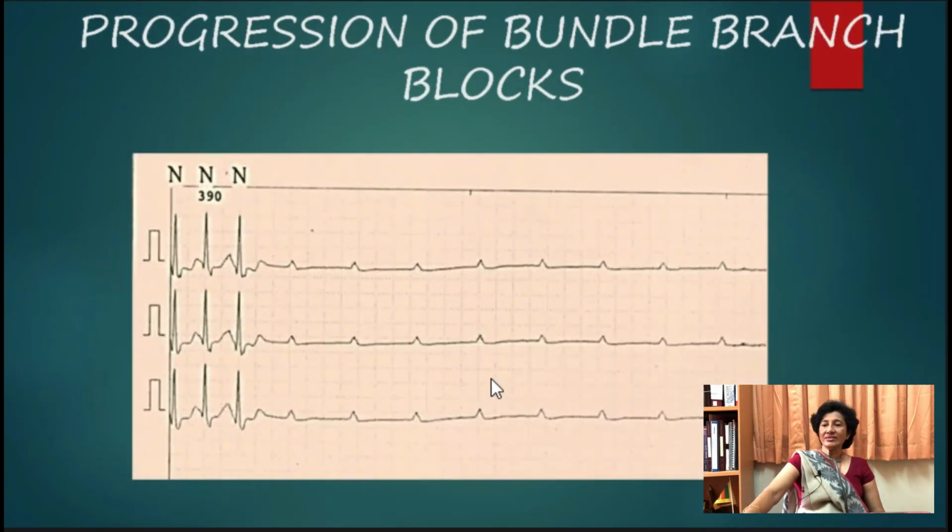Now, in this ECG, there is total conduction failure of both bundle branches caused by extensive anterior myocardial infarction. What you can see on the ECG is only sinus P waves. There are no QRS complexes, so the ventricles are in asystole.